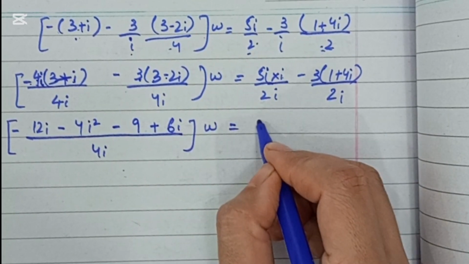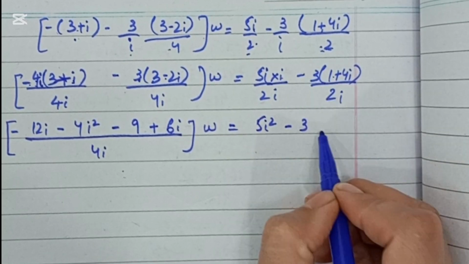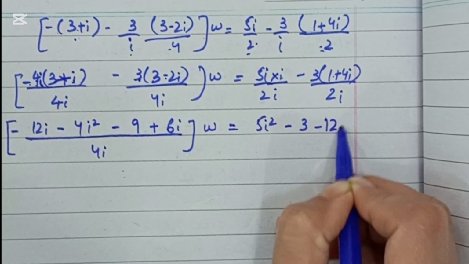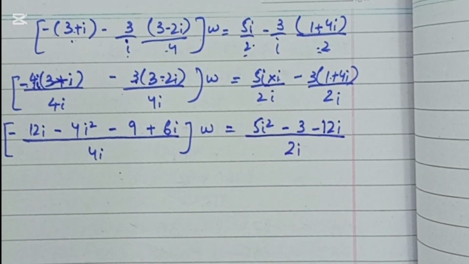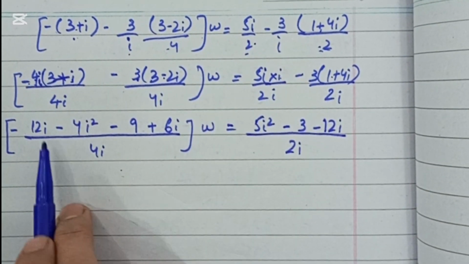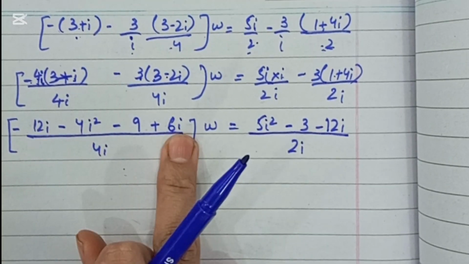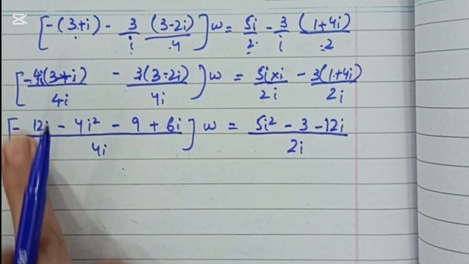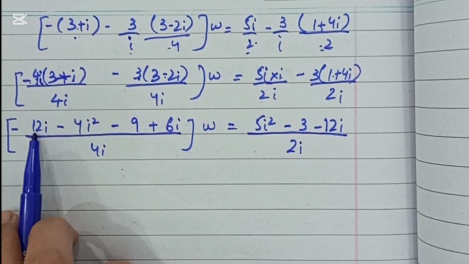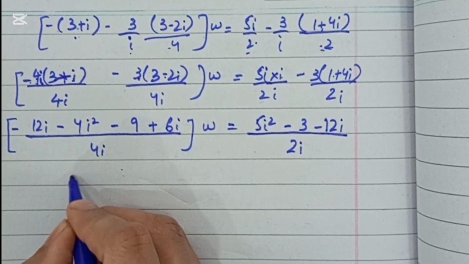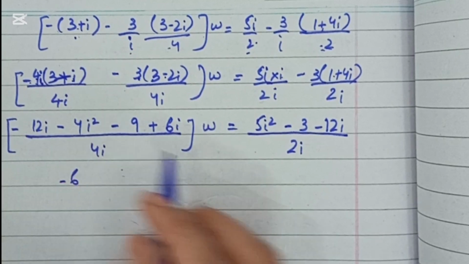Okay, here it is 5 iota square minus 3 minus plus minus 4 into 3 is 12 iota, 2 iota in the denominator. Now we will check, this is minus 12 iota and this is plus 6 iota, so we will do the subtraction operation on these two, and minus 12 plus 6 is 6, and we will put the sign of the bigger number, that is 12.